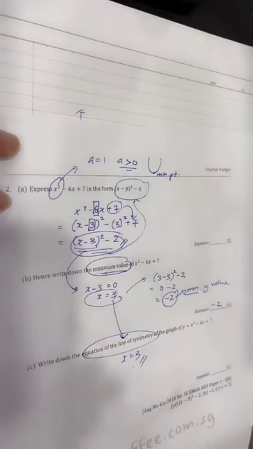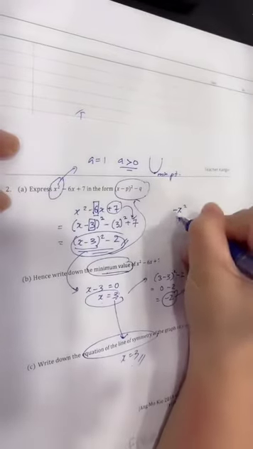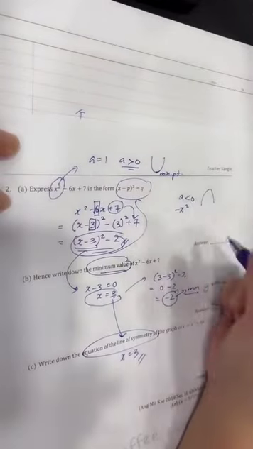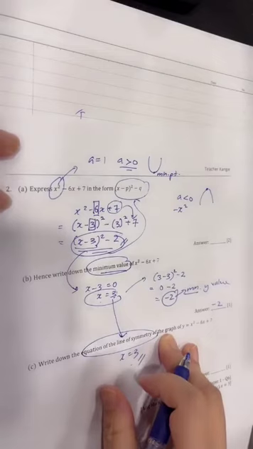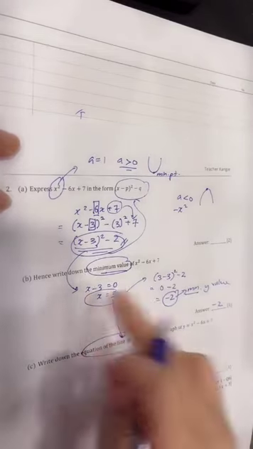Understand? If it's a sad face, let's say you have minus x squared, whereby your a is less than 0, it means that it will be a sad face. And if it's a sad face, it means it's a maximum point, and a maximum point means a maximum value. So you don't get confused about whether it is max or minimum.